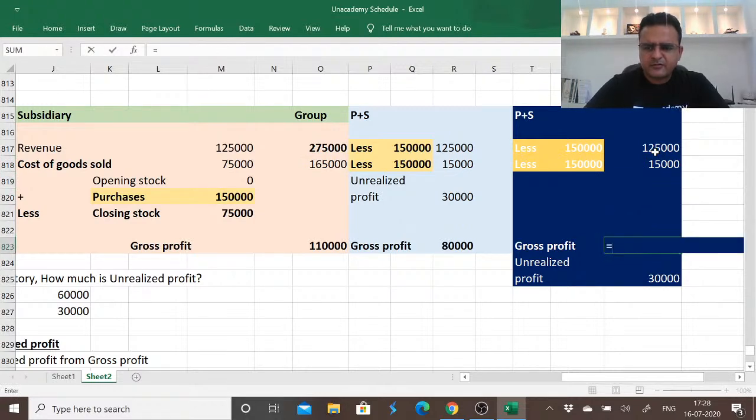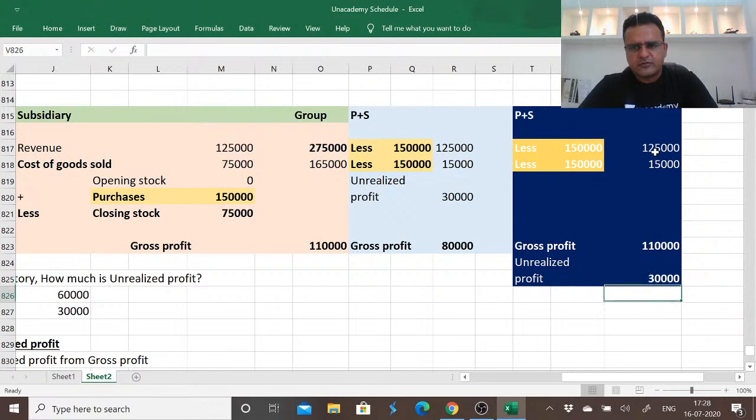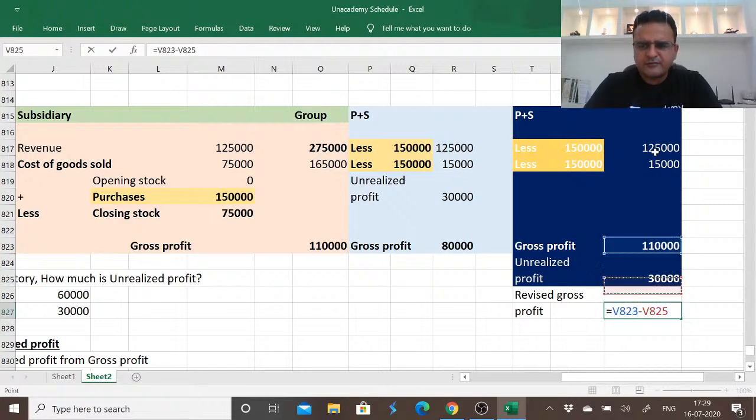The total impact 125 minus 15, that is 110,000, and unrealized profit is reduced by 30. So the revised gross profit after adjustment is equal to 110 minus 30.